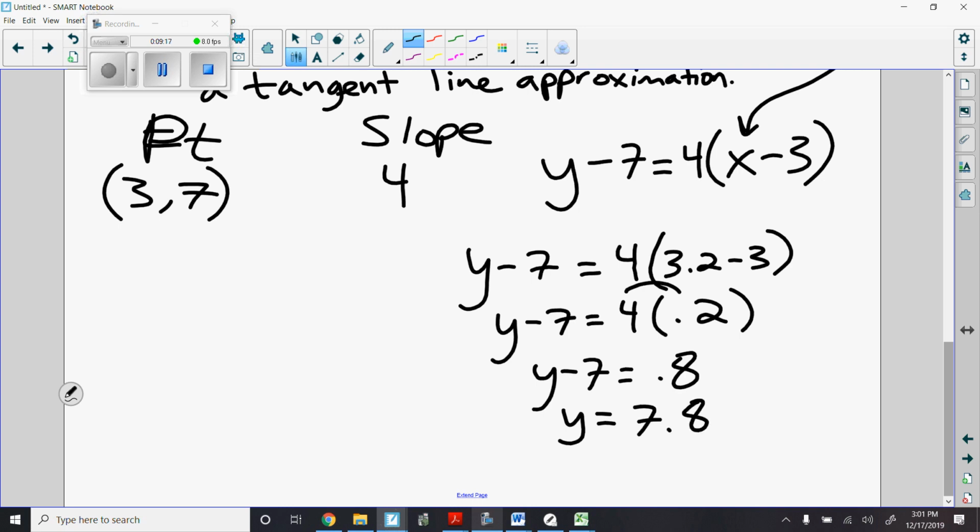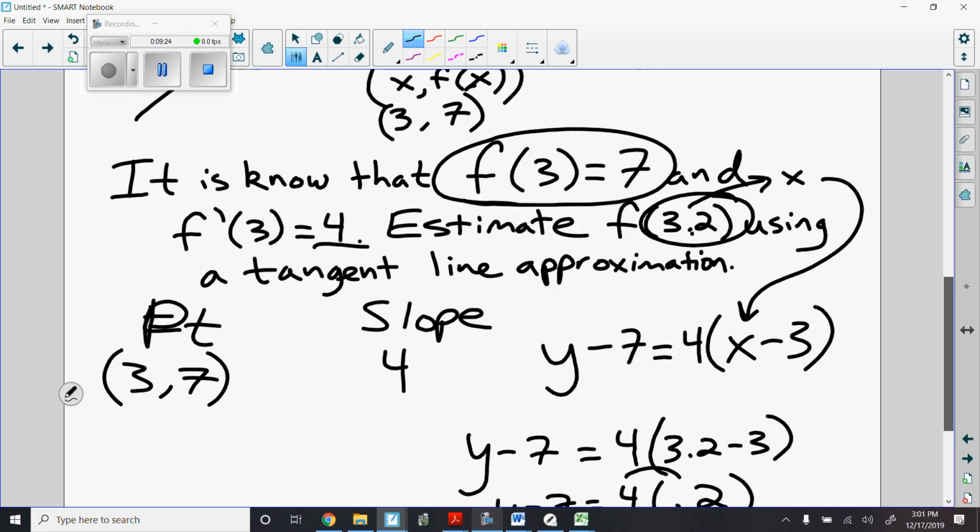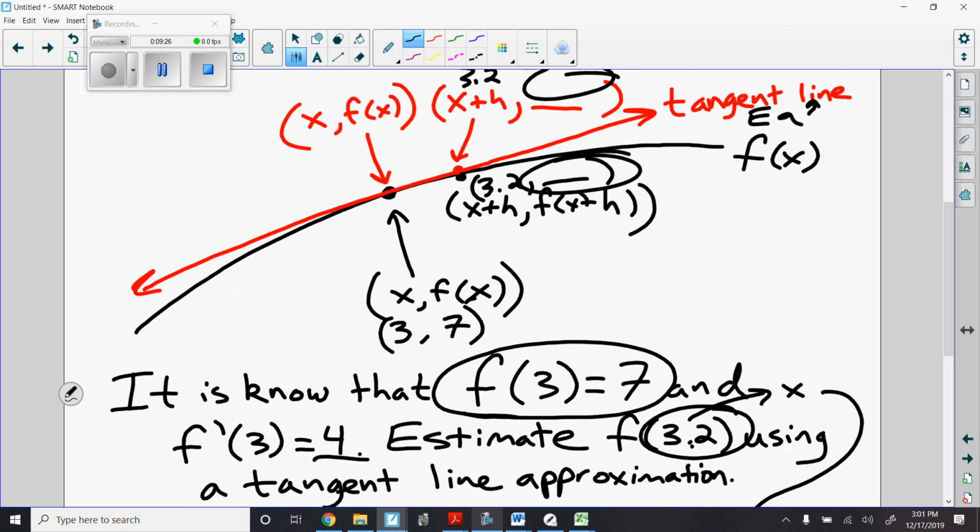Now, that is exactly the y value on the tangent line, right? That is exactly this number up here, which is going to be our best guess for what that y value is in our function f of x.